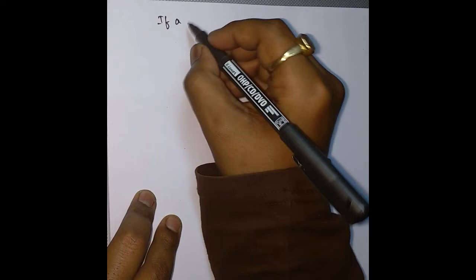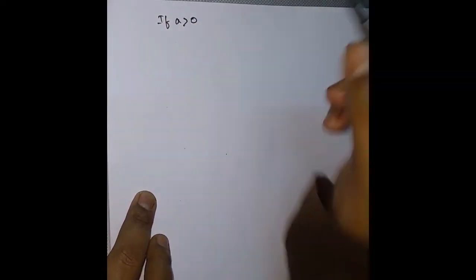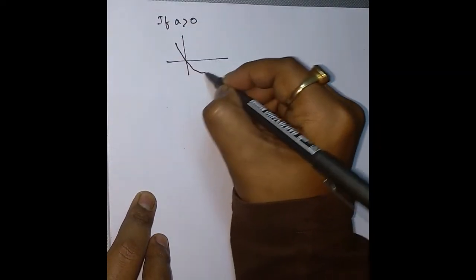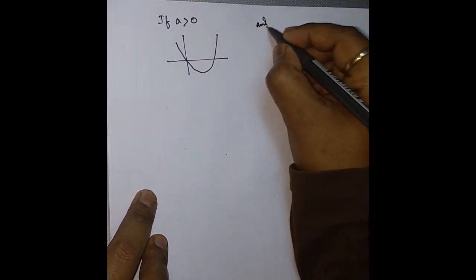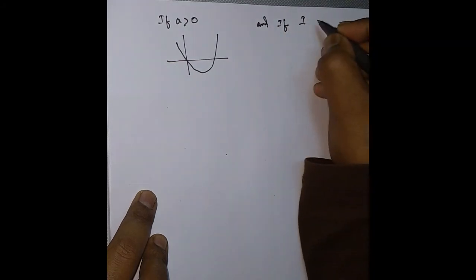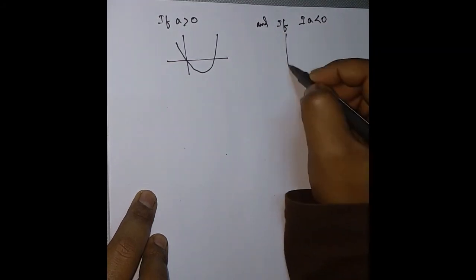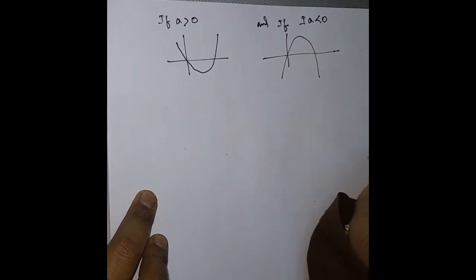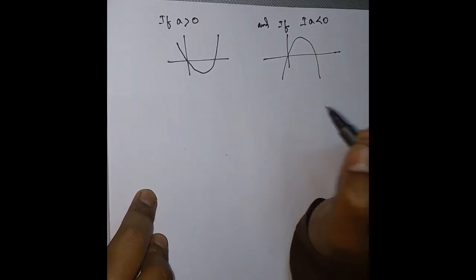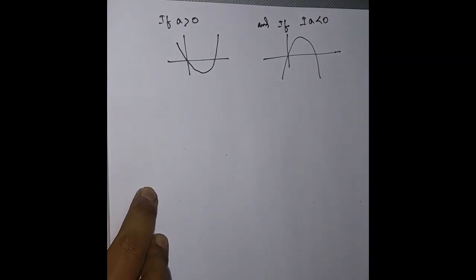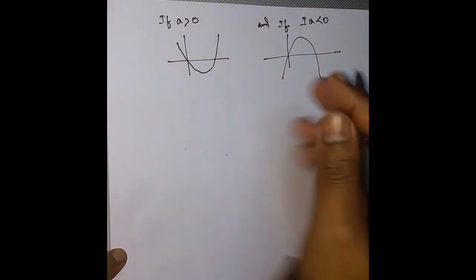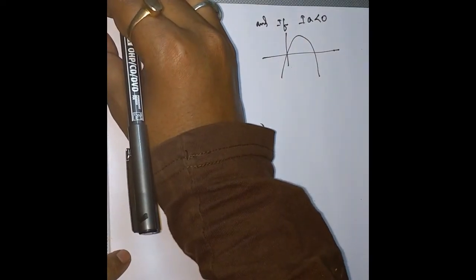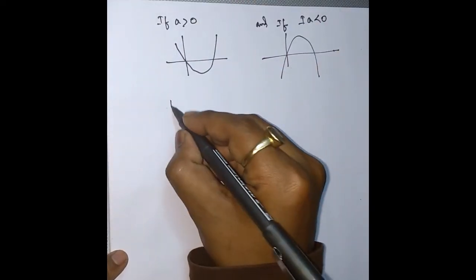If a is positive, then the parabola opens upward. And if a is less than 0, then the parabola opens downward. Now depending on D, the parabola also changes. Remember I told you the discriminant D, which tells the nature of the roots.